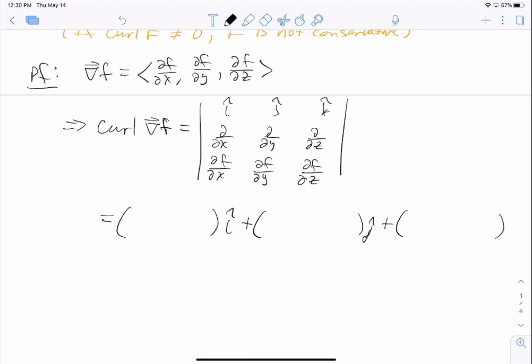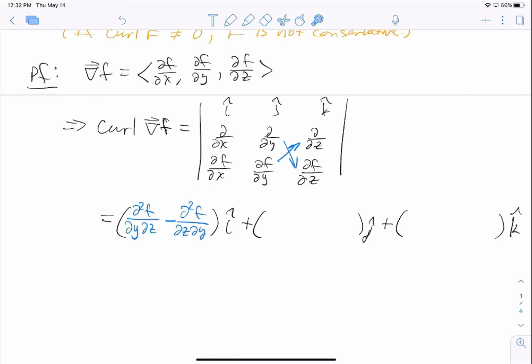Our components here are actually going to turn out to be second mixed partial derivatives. Crossing out the row and column that contain i, we have the partial with respect to y acting on the partial of f with respect to z. That gives us the second partial of f, first with respect to z, and then with respect to y. The other portion of this is the partial with respect to z acting on the partial of f with respect to y. And so we get the second partial of f, first with respect to y, then with respect to z.